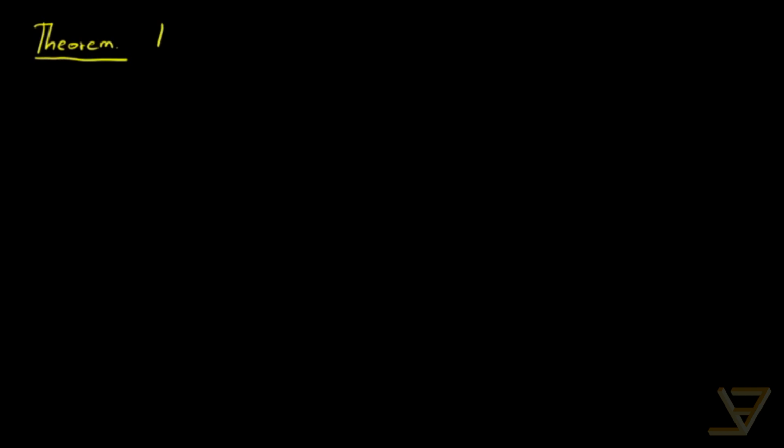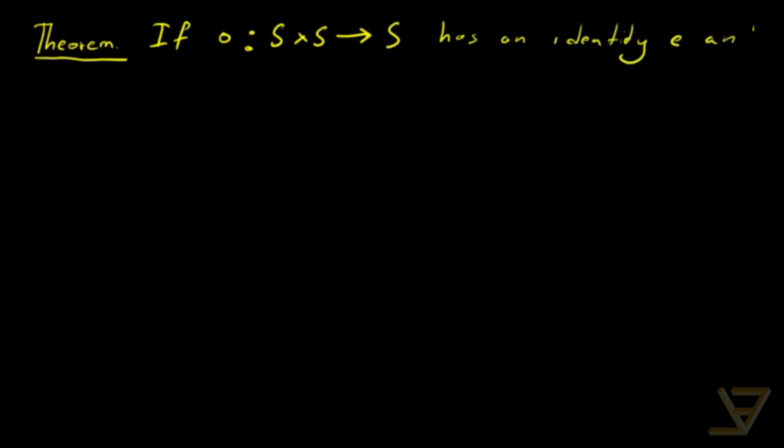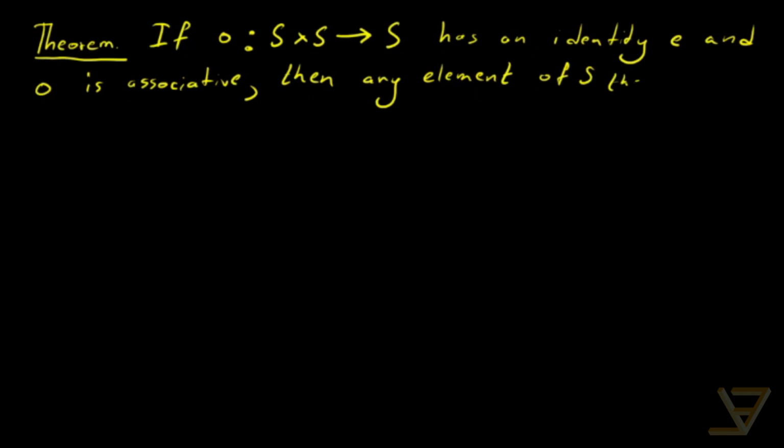The theorem is that if a binary operation from S cross S to S has an identity E, and the operation is associative, then any element of S that has an inverse has a unique inverse.